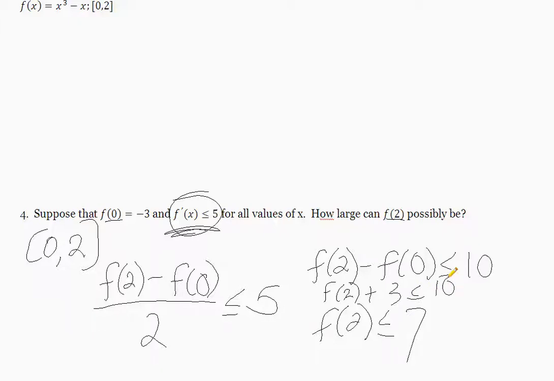So f of 2 must be less than or equal to 7. This is kind of another slight variation on the mean value theorem. But again, the slope of the endpoints, and I'm comparing it to the derivative. Since the derivative is less than or equal to 5, then this must be less than or equal to 5. That's all I'm doing. Okay.